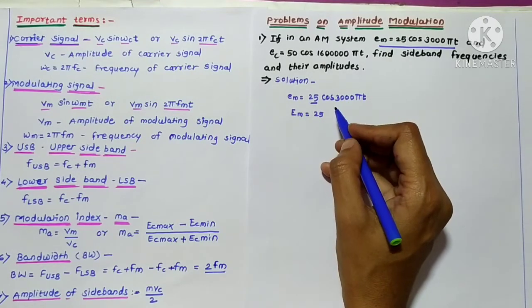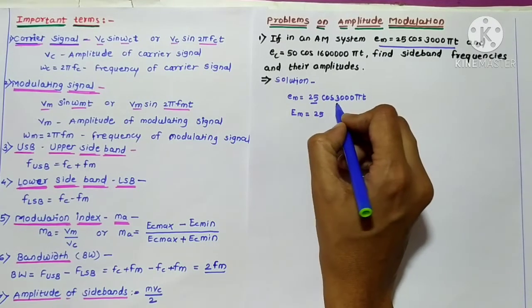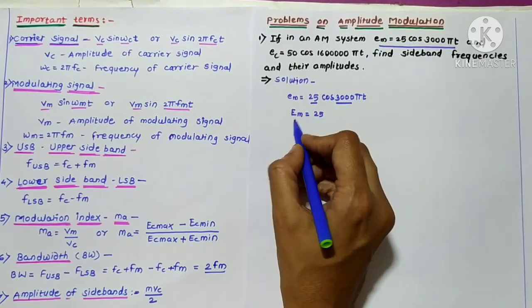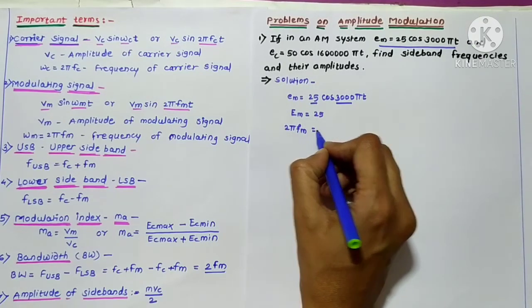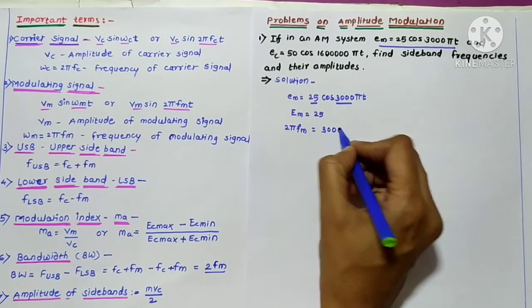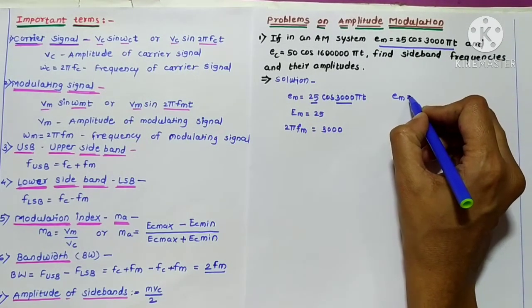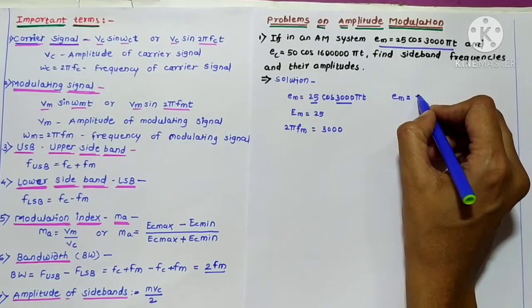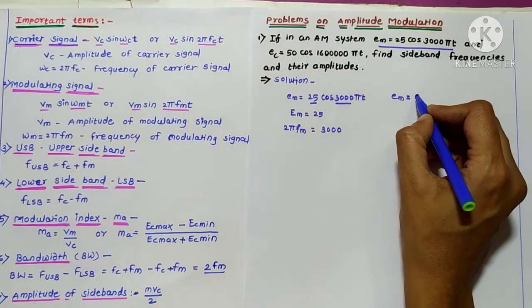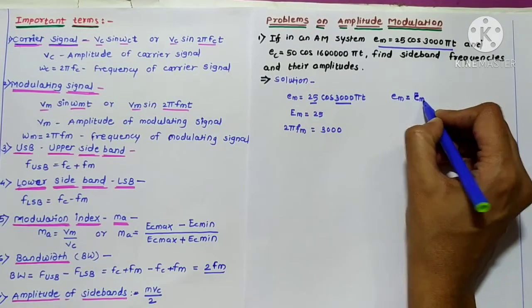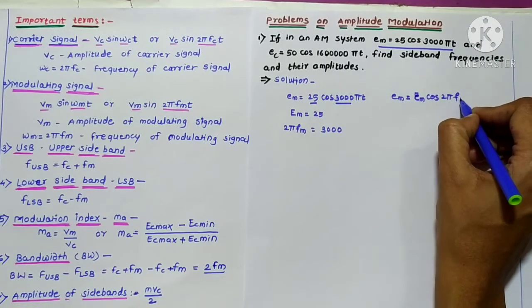Okay, now this 3000 is nothing but 2 pi fm is equal to 3000. As you know that the equation EM is equal to EM cos 2 pi fm t.